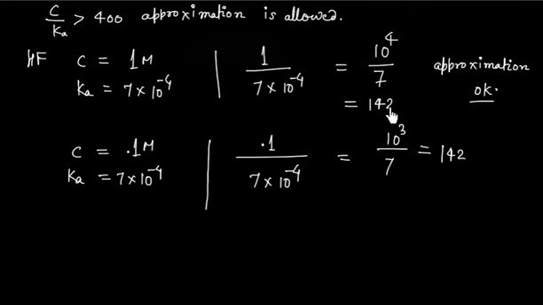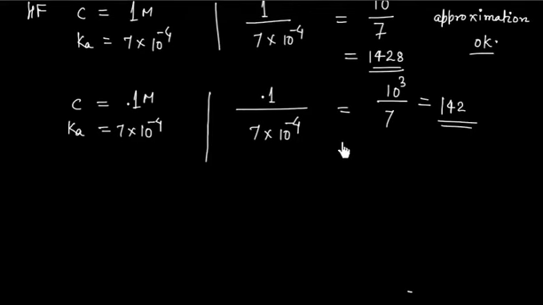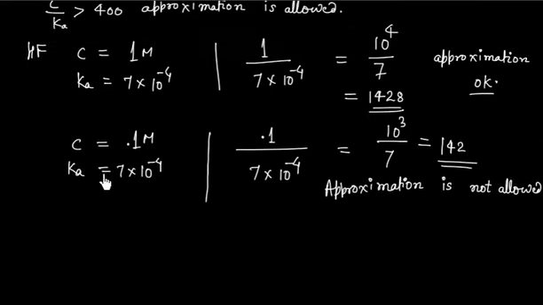So you see, in this case approximation is okay because this number is greater than 400, but in this case approximation is not okay because this value is less than 400. So in this case we cannot do approximation. Approximation is not allowed. From here it is clear that if the concentration is high, approximation is allowed. If concentration is low, approximation is not allowed.